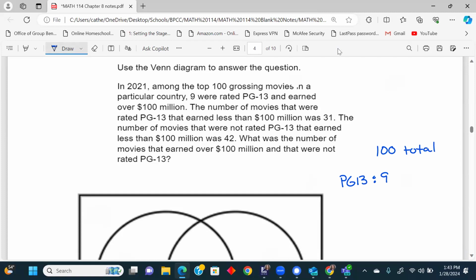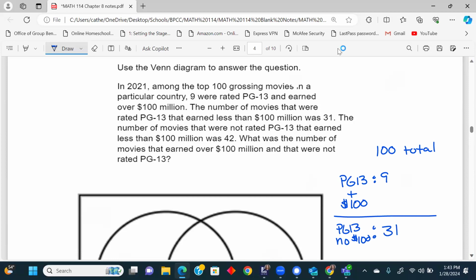And earned PG-13 and earned 100 million or over 100 million. Okay. The number of movies that were rated PG-13 that earned less than 100 million were 31. PG-13 not 100 million were, that's 31. It says less than, I just say earned 100 million or not earned 100 million.